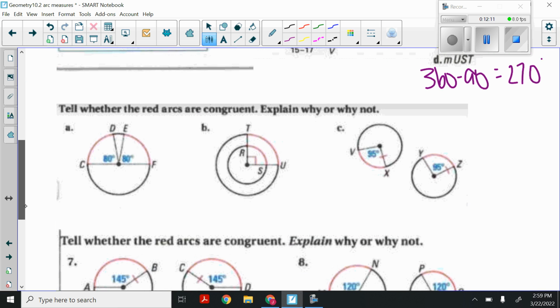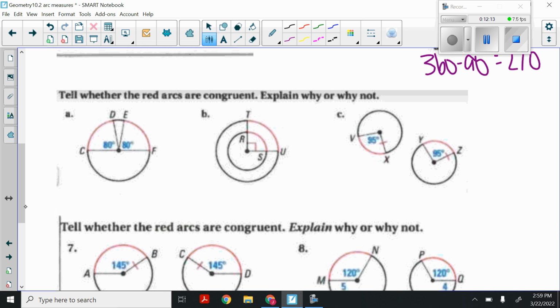All right, so now it says, tell whether the red arcs are congruent. Explain why or why not. So here I have this arc and this arc. This is 80 degrees, this is 80 degrees. All right, so we're going to determine if arc CD is congruent to arc EF. In order for them to be congruent, the circles have to be congruent.